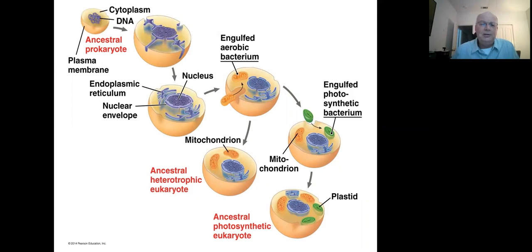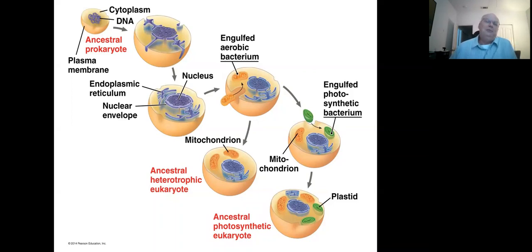So again, casting your mind back to what you learned in Bio 1, you may recall that all eukaryotic cells have what is called the endomembrane system. And that consists of the nucleus, the endoplasmic reticulum, the Golgi apparatus, the transport vesicles that link them together, the cell membrane, lysosomes, the ribosomes. They're all considered to be part of the endomembrane system.